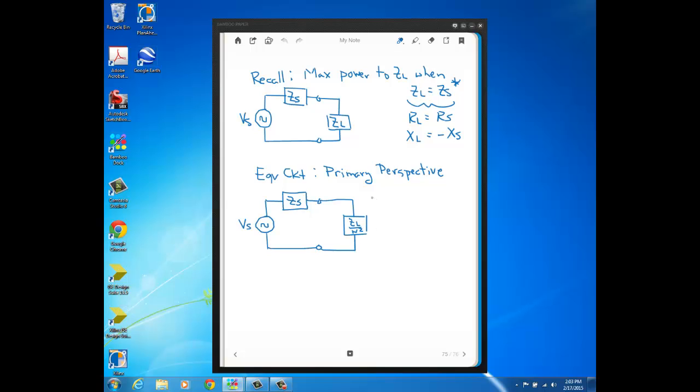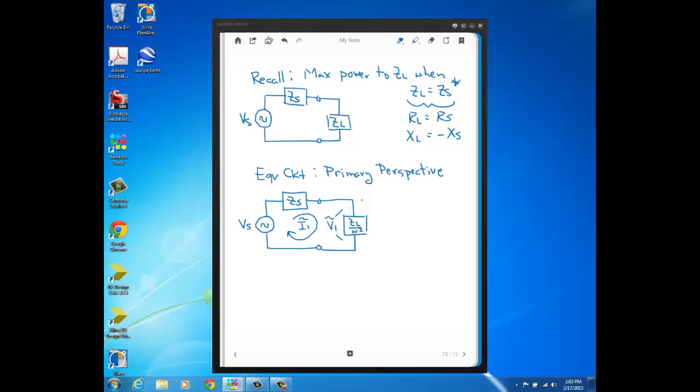So now, if we want to find primary values, if we want to find I1, the primary current, we just have to solve this circuit. If we want to find the primary voltage, we just need to find the voltage across here.